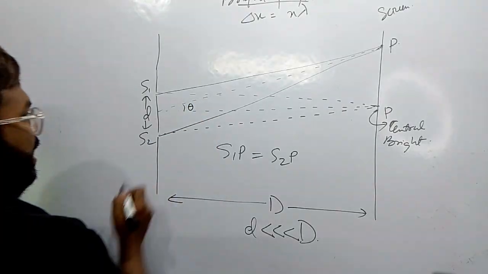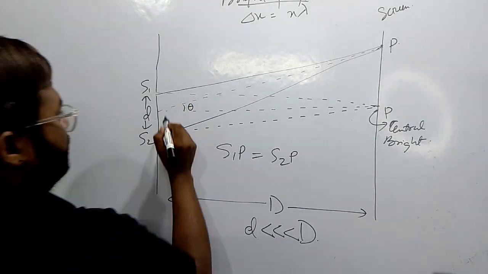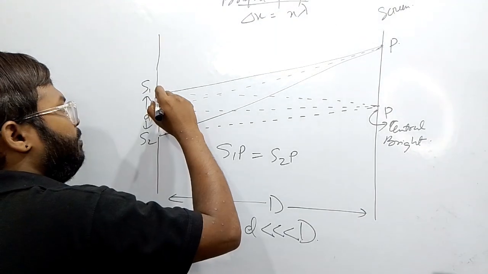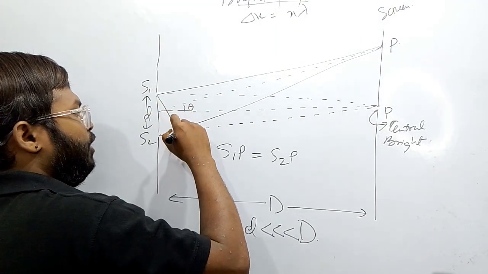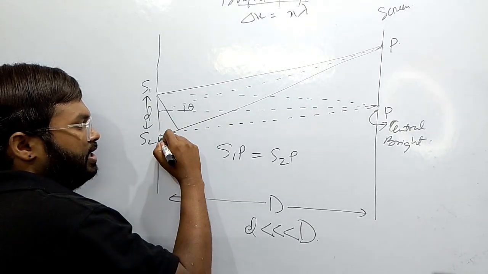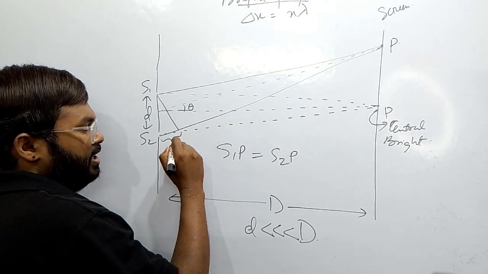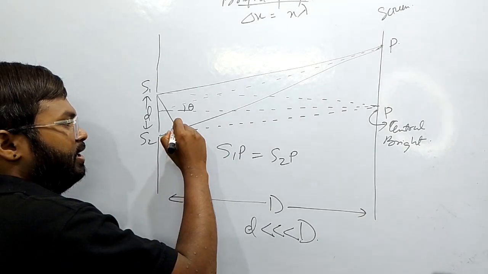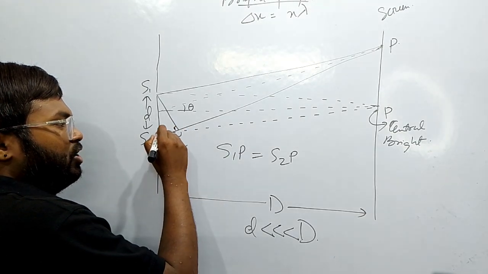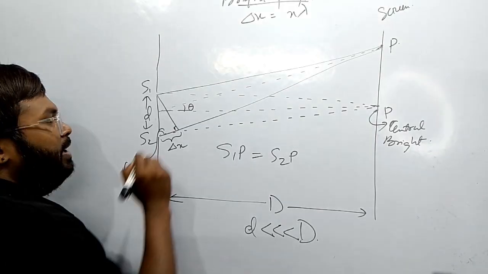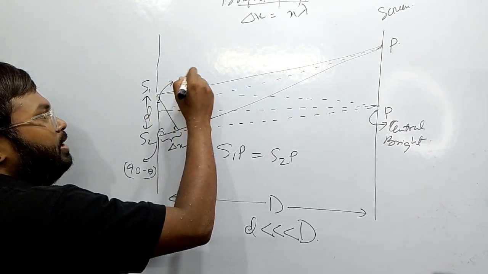This is angle theta. The path difference, what you will find? If we draw a perpendicular here, you will have the path difference here. This is del x, and this is 90 degrees. So this will be 90 minus theta, and this will be theta.